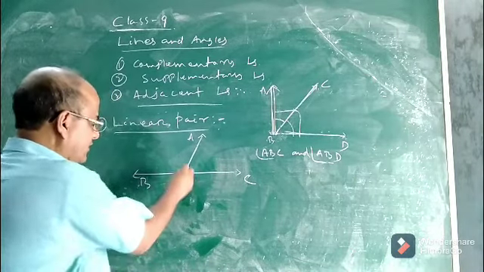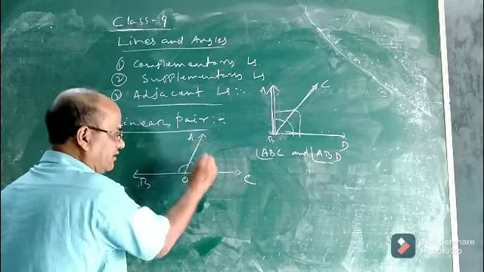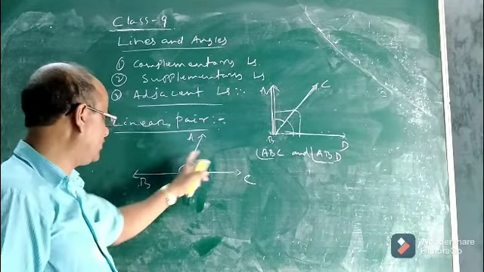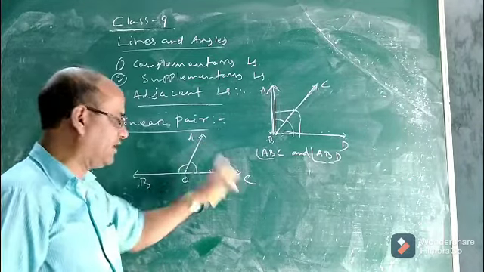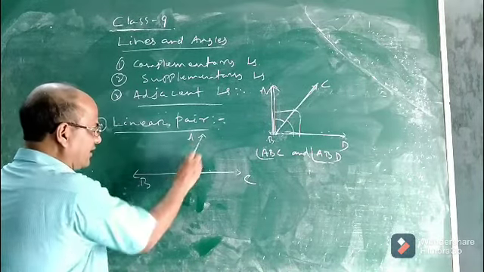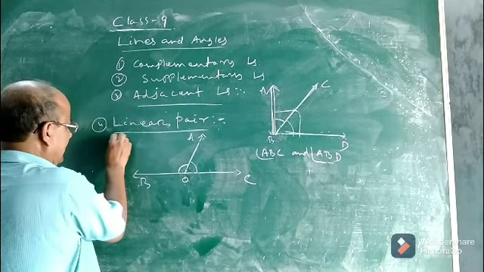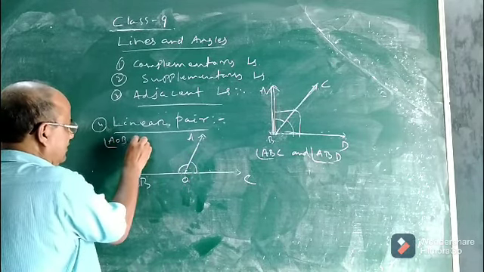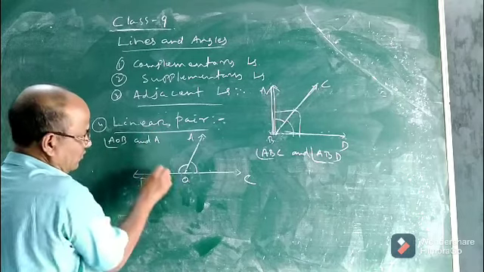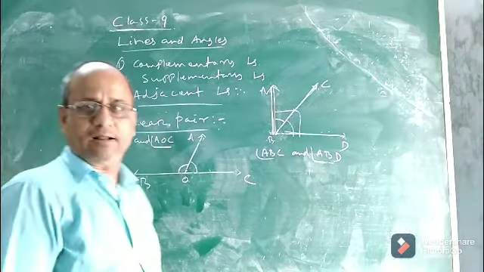Okay. Now how many angles are there? There are three angles: angle BOC, angle AOB, and angle AOC. Now, children, let us consider angle AOB and angle AOC, this pair of angles.